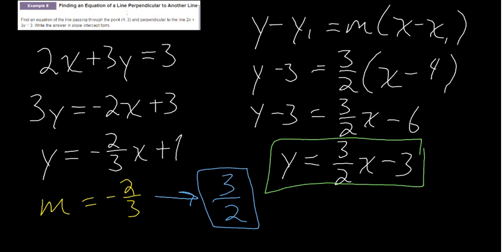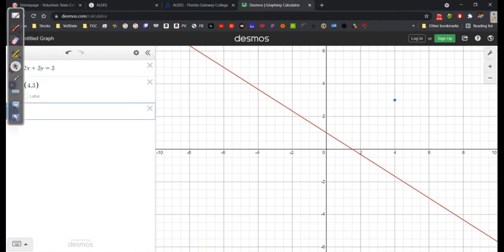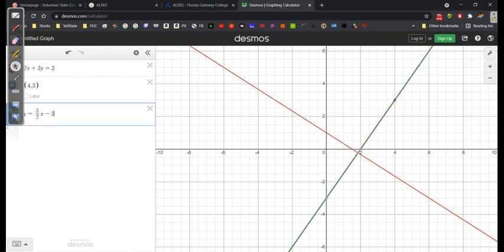Fingers crossed. Y is equal to 3/2 x minus 3. Boom. All right. We see that we are indeed perpendicular, and we're going through this point right here. We're going through the point that was given to us.